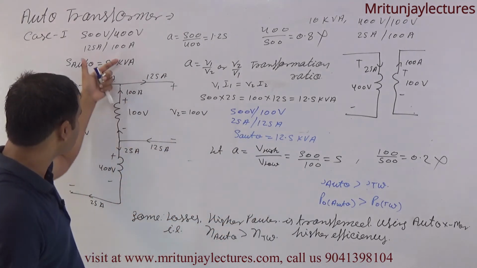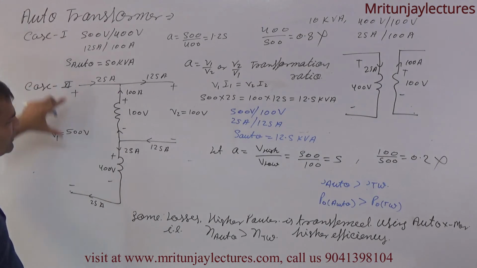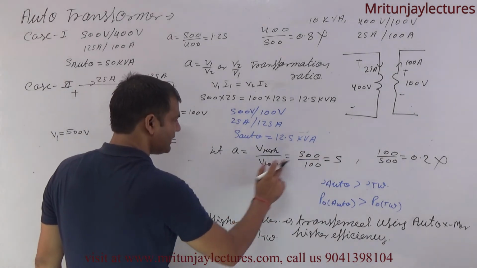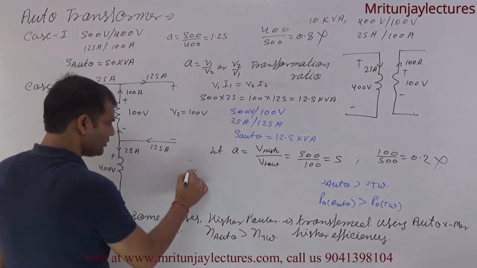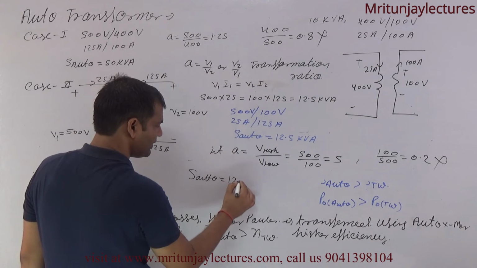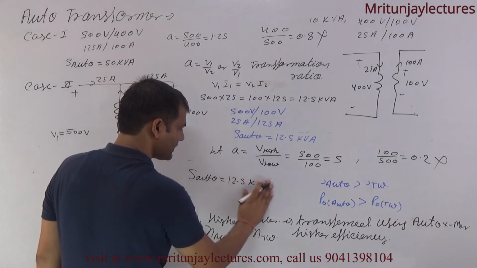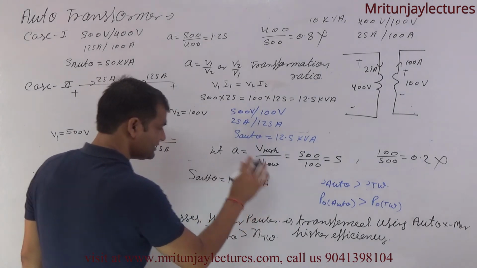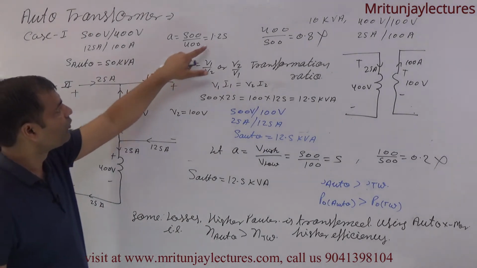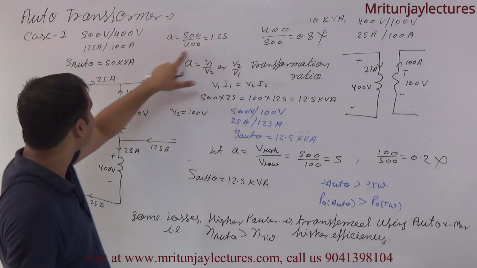Now corresponding to these two cases, if A is higher, what about S auto? That is 12.5 kVA. Clear?